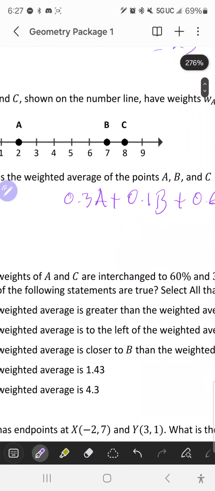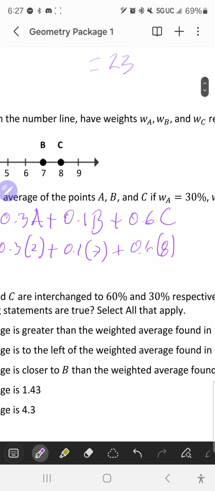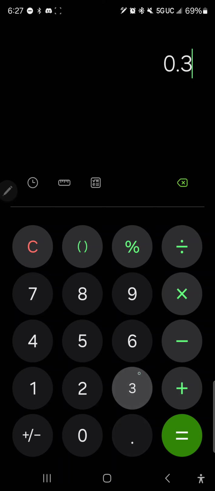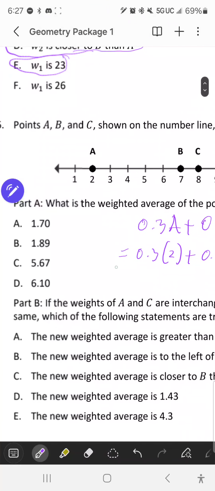Now we substitute our values and we get that the weighted average is going to be 0.3 of 2, plus 0.1 of 7, plus 0.6 of 8. So we go to our calculator, 0.3 times 2, 0.6.